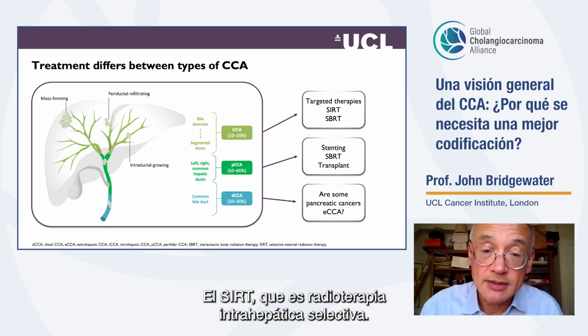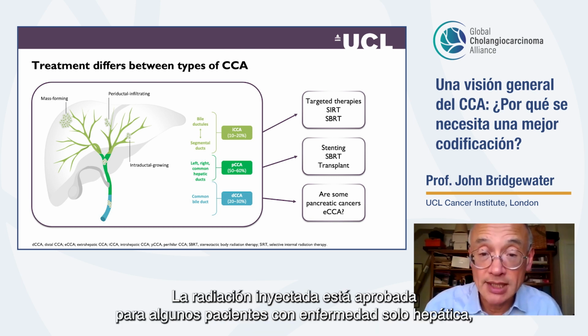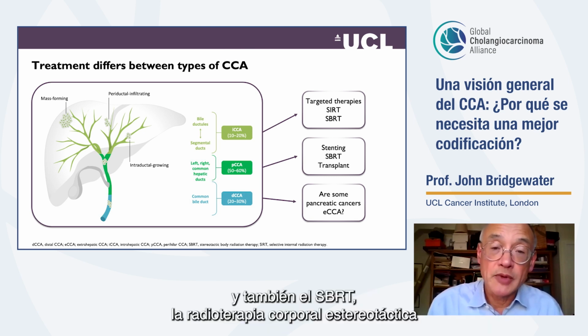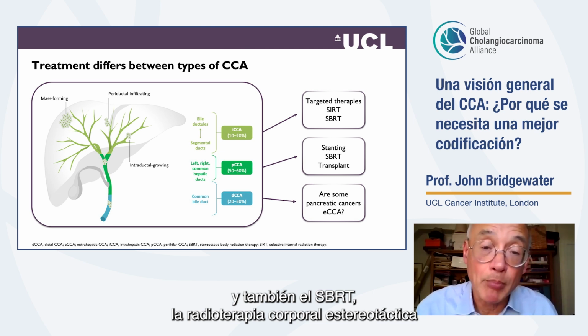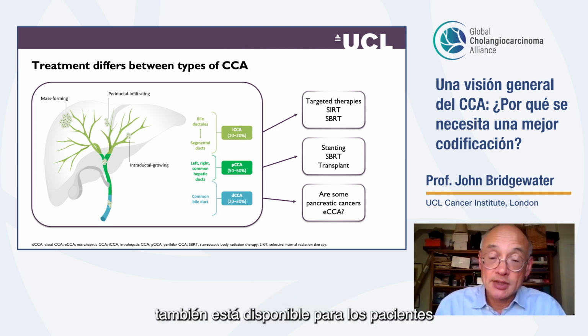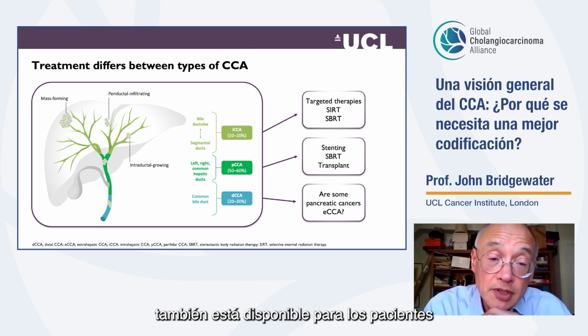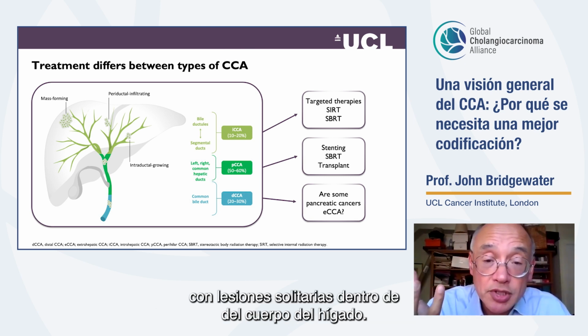SIRT, which is selective intrahepatic radiotherapy, so that's injected radiation, is approved for some patients with liver-only disease, and also SBRT, stereotactic body radiotherapy, is also available for patients with solitary recurrence of lesions within the body of the liver.